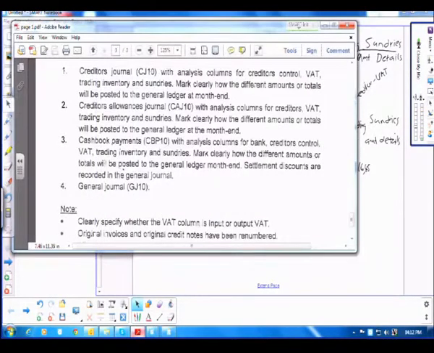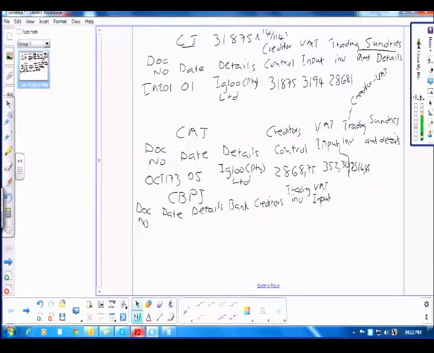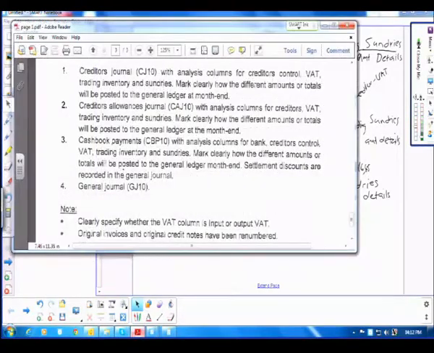Okay, so let's just see if there are many columns. All right, then we have the sundries. All right, remember with sundries, I say you put the column for the amount and details. So you're going to have sundries, amount and details.